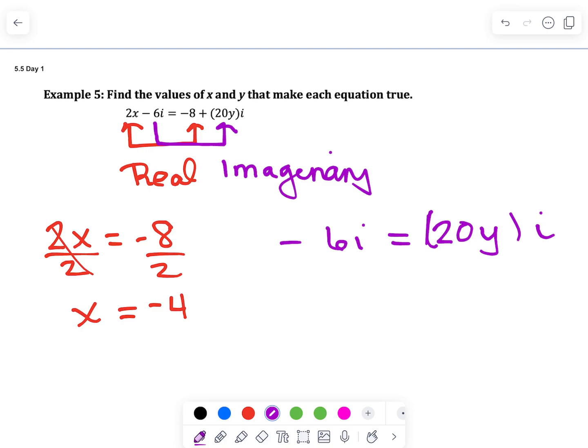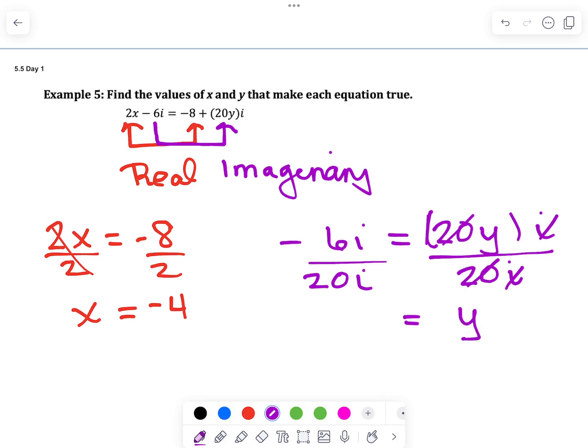So we want to get the y alone. We're going to divide both sides by 20i. Then the 20s cancel out, the i's cancel out, and we're left with just y on the left. On the right side, the i's cancel out again, and we're left with -6 divided by 20.